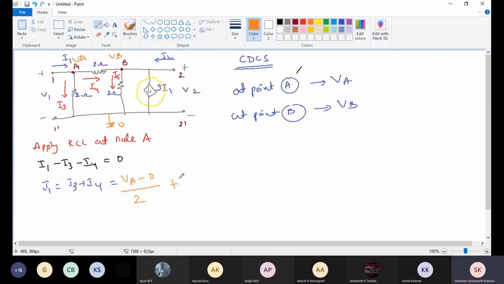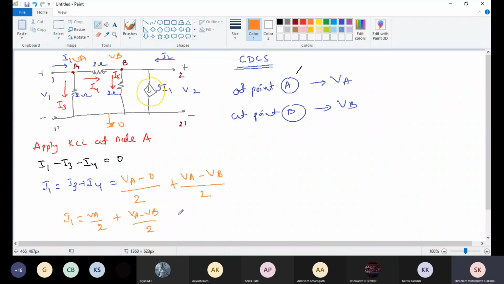Then plus, for I4, similarly, VA minus VB divided by 2, branch resistance 2. Now after simplifying this, I1 equals VA by 2 plus (VA minus VB) by 2.